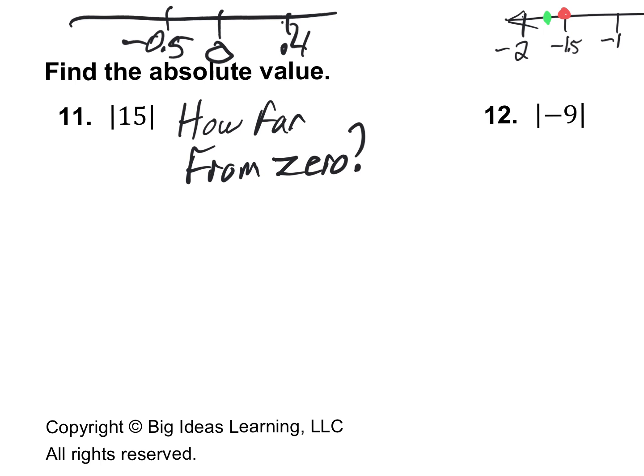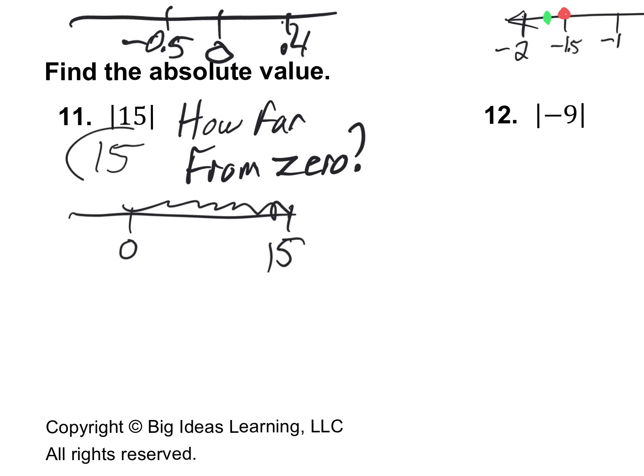Okay, absolute value. Absolute value means how far is this number from 0 on the number line. So if we had a number line, and here's 0, and here's 15, how far is it? Okay, the answer is, it is 15. It is 15 spots away. Same thing on number 12.